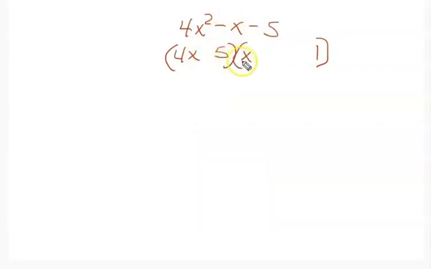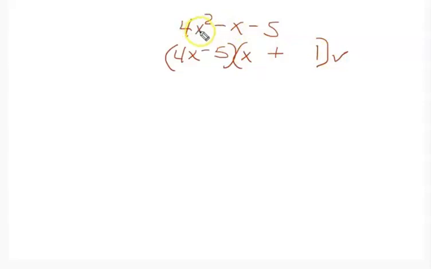So think about it. What signs will you put? Well, I need a negative for the middle term. So this is a -5x. Now my other will be a positive 4x. And the difference is a -1. So there's the solution.